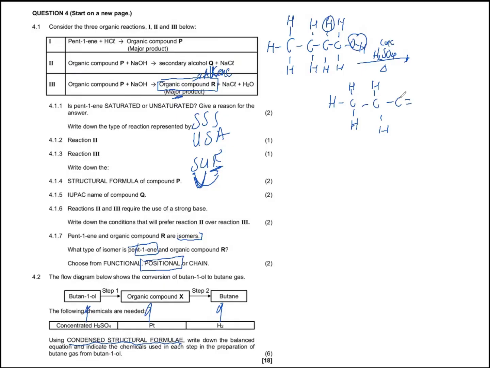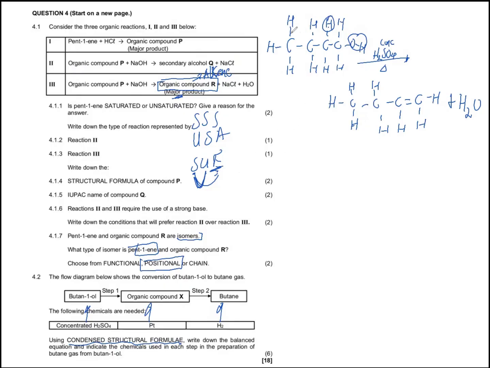So therefore, there will be a double bond there, like that. And then the H and the OH will be a byproduct, H2O. But remember, you are supposed to write in terms of condensed structural formula. So for reaction 1, this is what will happen.